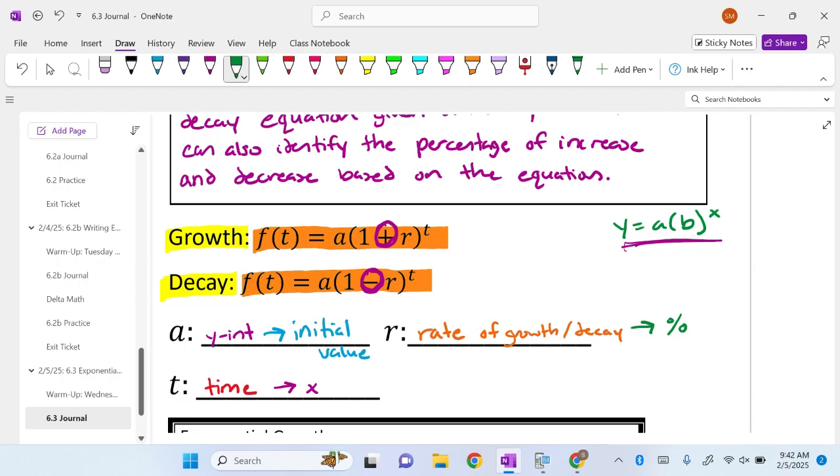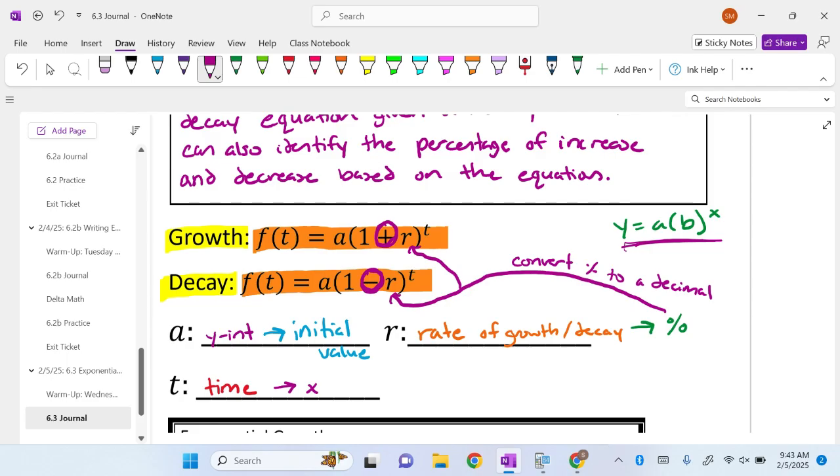But when you plug the r value into the problem, you have to convert that percent to a decimal. So in the problem, they're going to give it to you as a percent, the percent that you're growing, but when you put it into the formula to set up the equation, you have to convert that percent to a decimal.